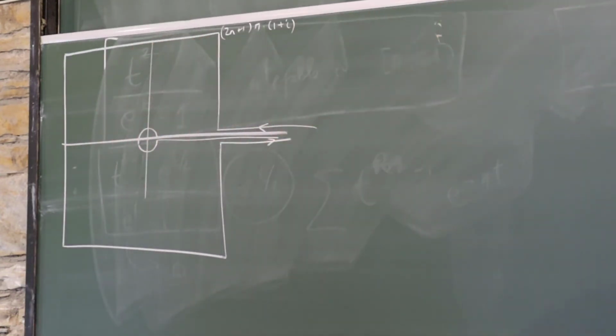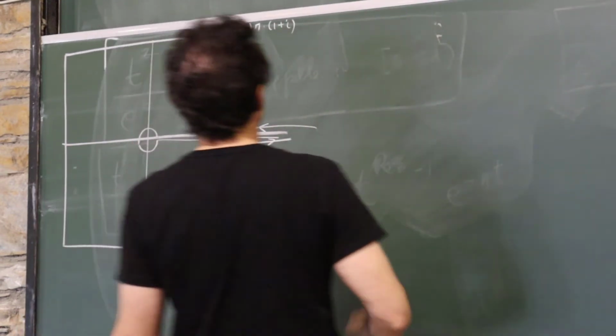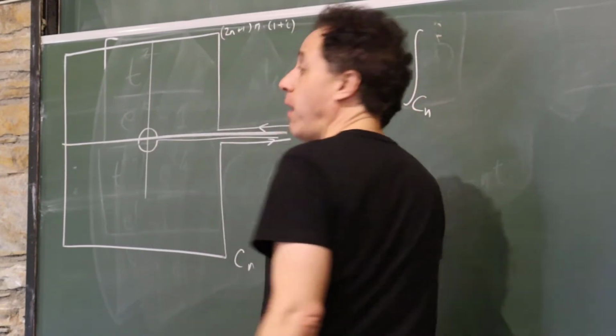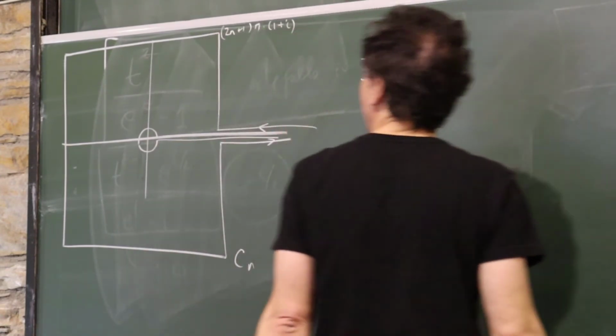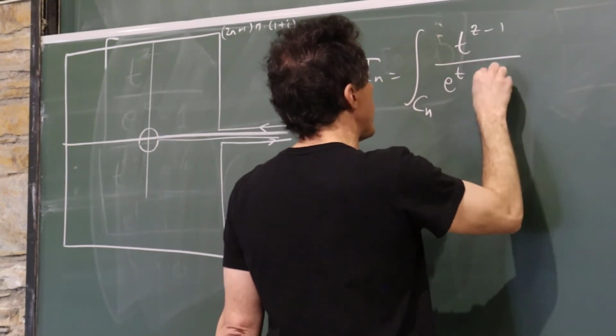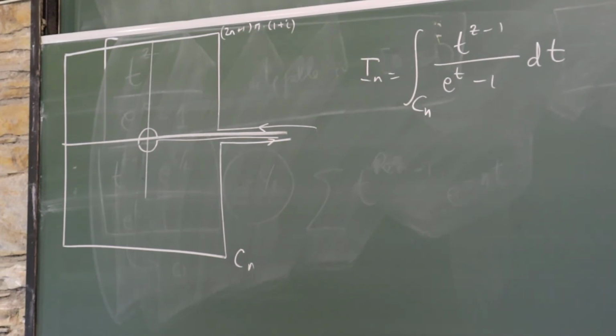We're going to consider this big path, Cn, and consider En, the integral along this big path of the function with denominator z minus 1.